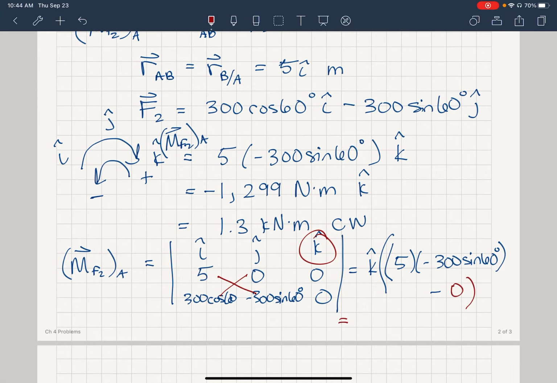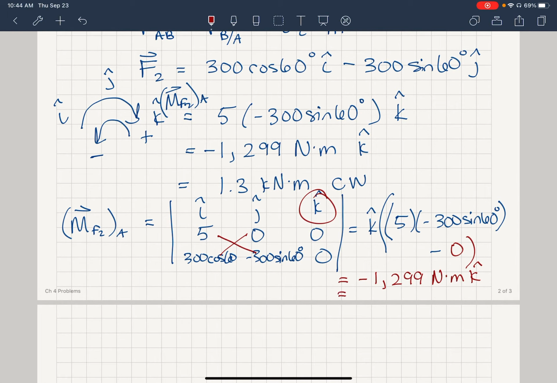That gives us 5 times negative 300 sine of 60 K, so that'll be negative 1,299 Newton meters K. And that's the same as what we found above, right? So if we simplify it, it's 1.3 kilonewton meters in the clockwise direction.